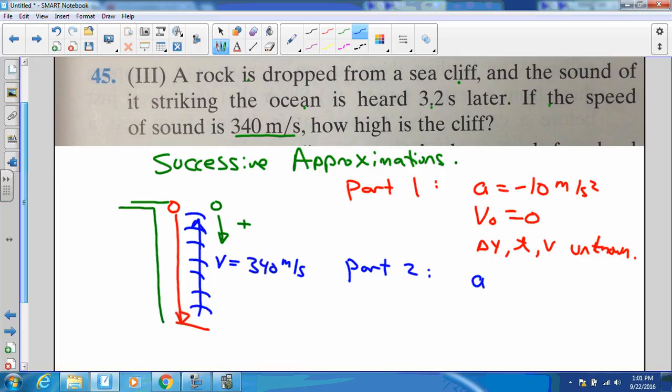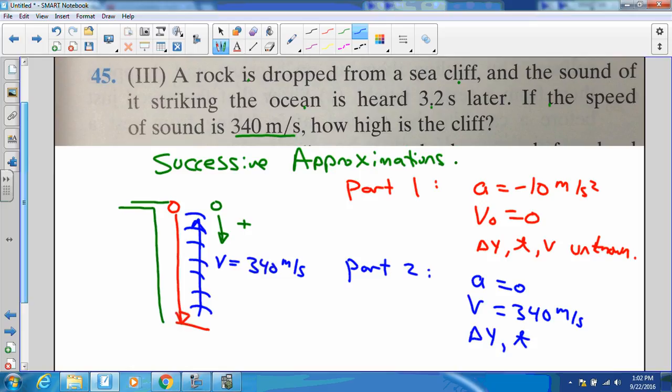Meanwhile, in part 2, the sound comes back up to us with no acceleration. The speed of sound doesn't change, at least not because of gravity. And a constant velocity of 340 meters per second.